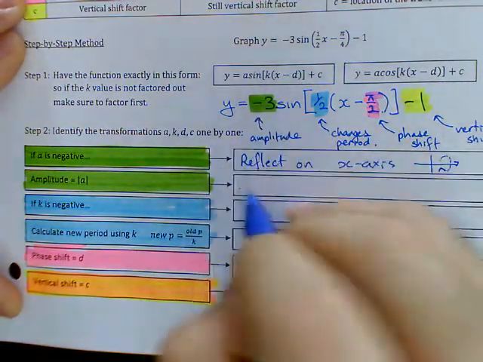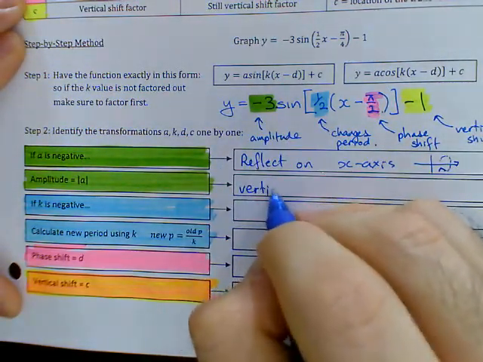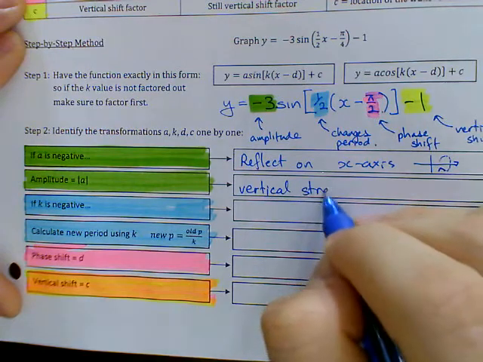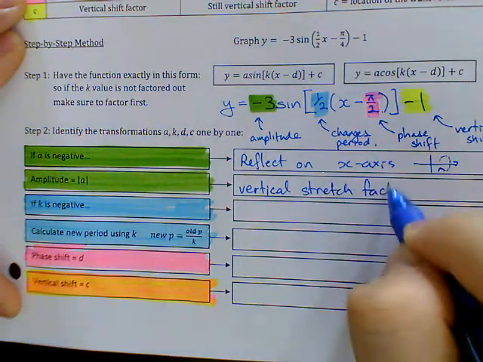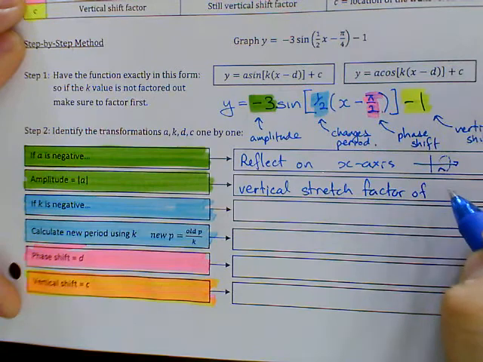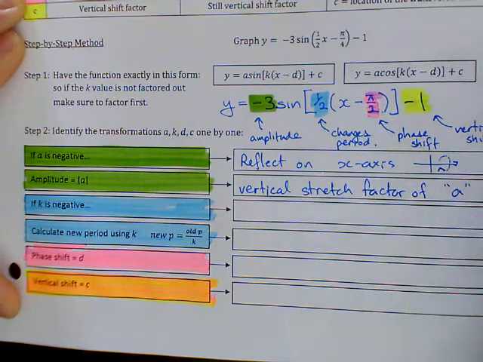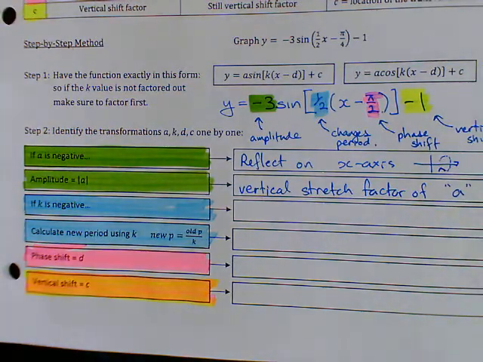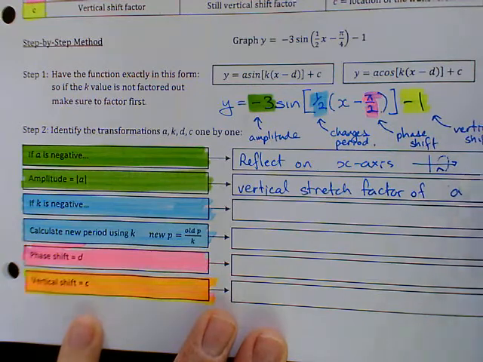So we have a vertical stretch factor of just the absolute value of a, right? Sorry, what does the -3 affect?